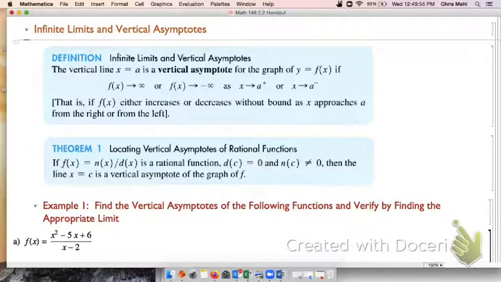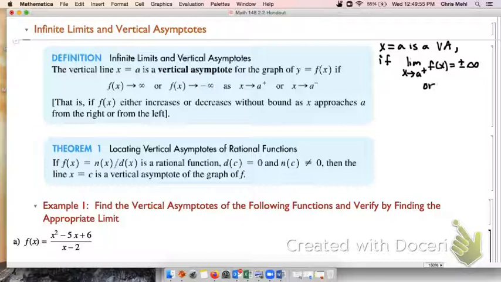let me maybe summarize this for everybody. It means that x equals a is a vertical asymptote, you can just use the acronym VA, if the limit as x approaches a from the right of f of x is plus or minus infinity, or you need one or two or both of these things to happen.